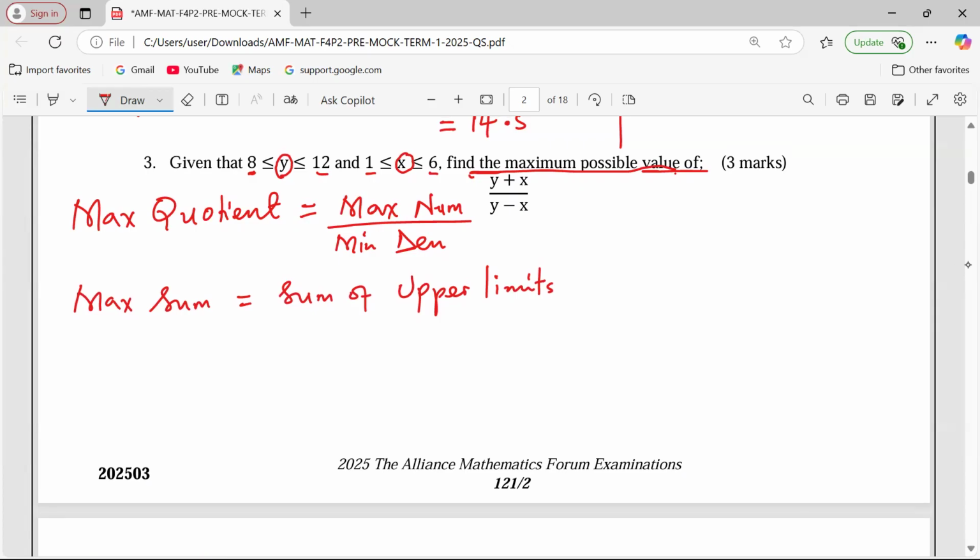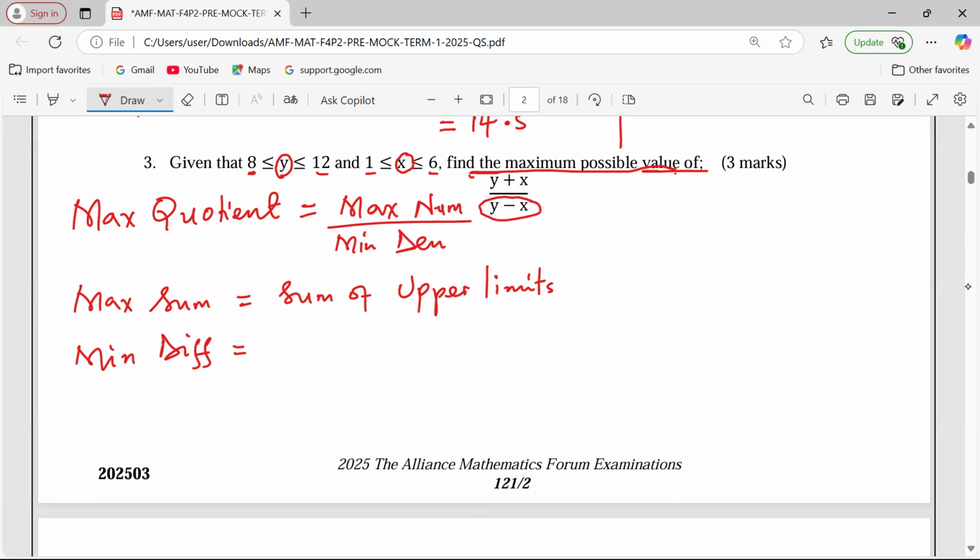What about the denominator? The nature of the denominator that we have is a difference, and we need it to be minimum. So minimum difference is what will occupy the denominator.